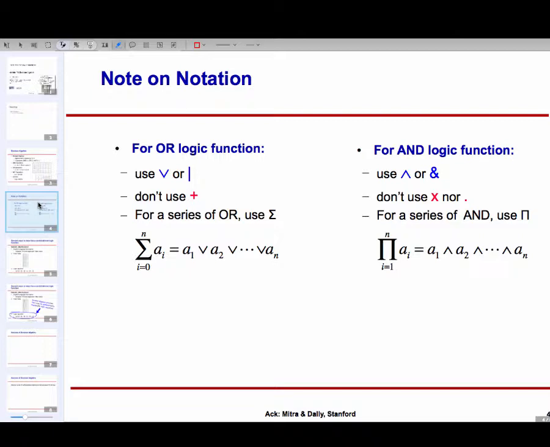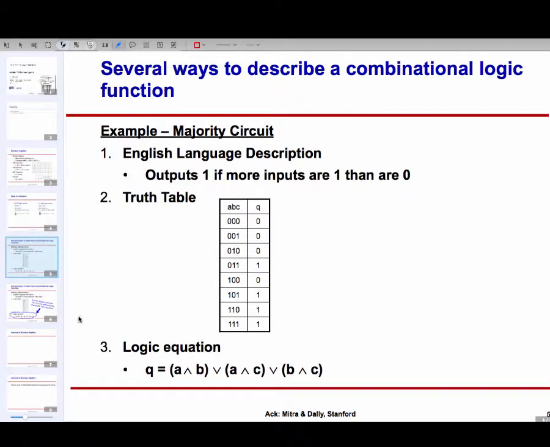For AND, you can use the upside down V, or you can use the ampersand, but you cannot use the multiplication sign, you cannot use the dot sign, and you cannot just say AB to imply A and B. All those are unacceptable. If you want to indicate a whole bunch of ANDs, you can use the pi symbol, the product symbol. That's just a side note.